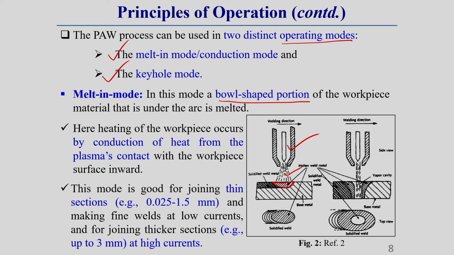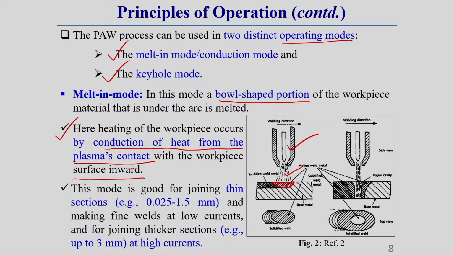You see this is the arc, and below this arc the portion of base material is melted, the workpiece material melted here. Here the heating of the material is done by conduction of heat from this arc to the workpiece. That I have written here. The heating of the workpiece occurs by conduction of heat from the plasma contact with the workpiece surface inward.